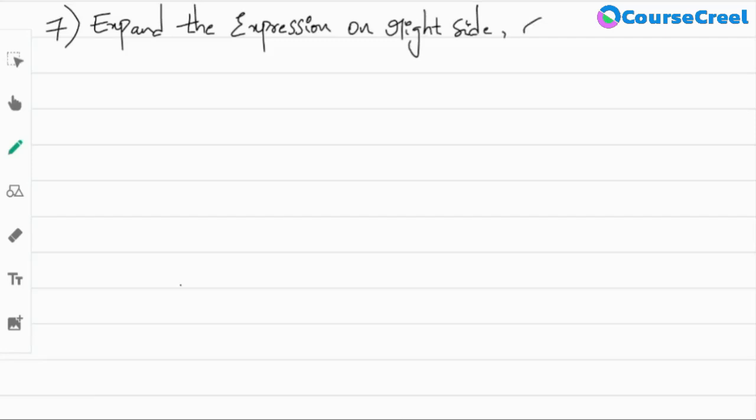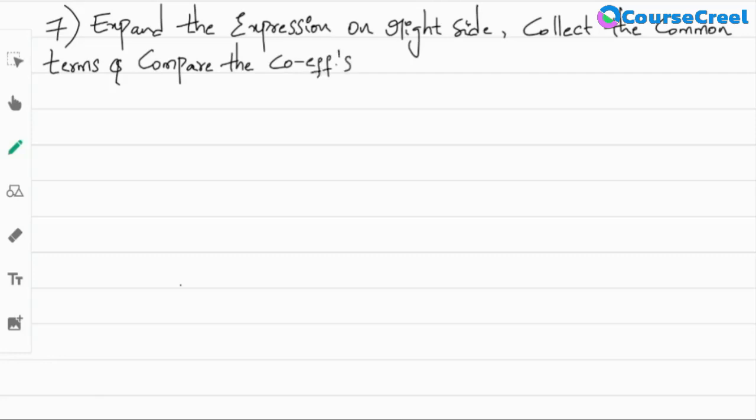After expanding, collect the common terms and compare the coefficients of similar terms, or similar powers of x, on both sides.